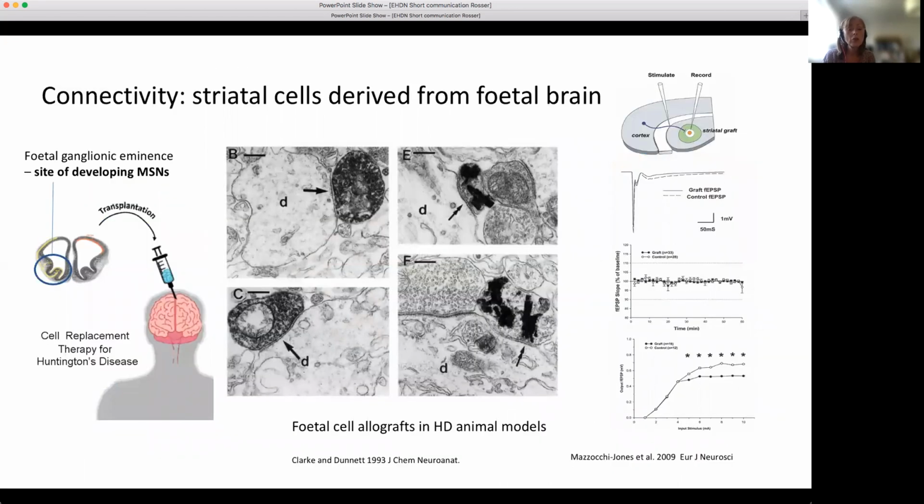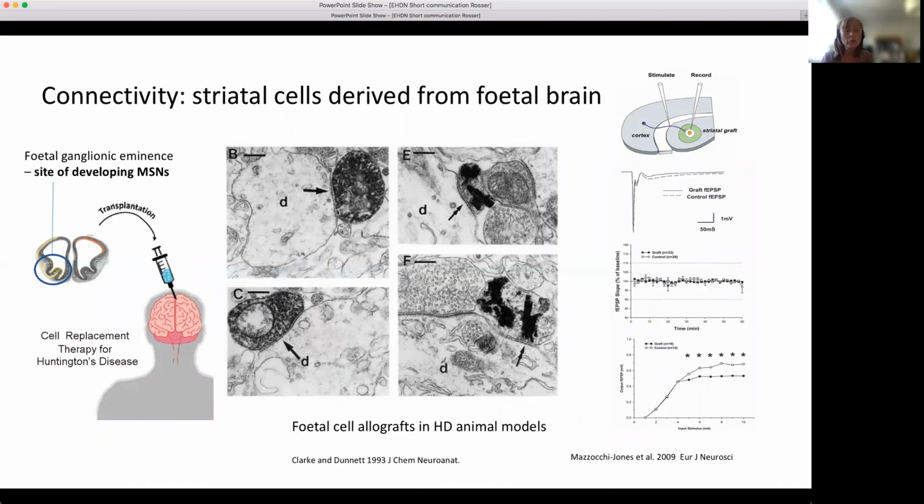There's a long history going back several decades of using donor cells derived from the developing fetal striatum. The value of these donor cells is that they've been through the process of normal development, so they're properly specified to become bona fide striatal cells.